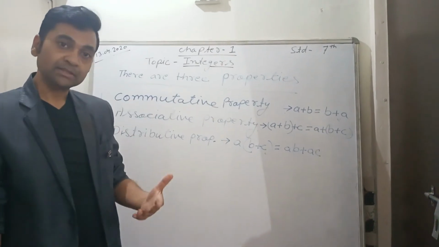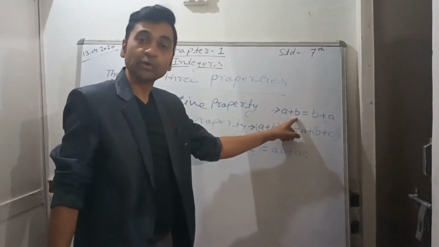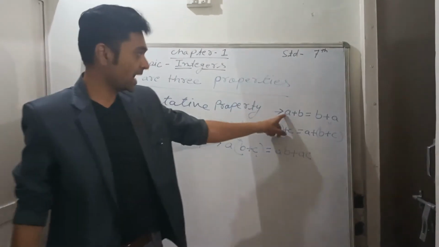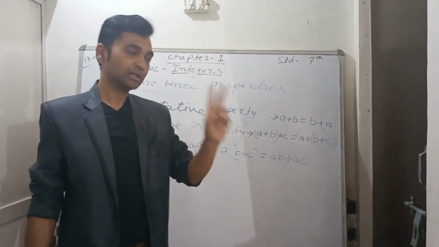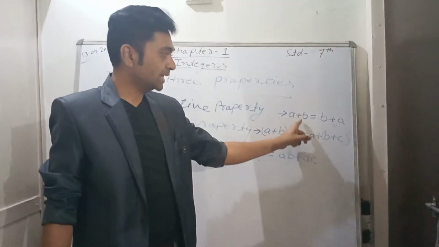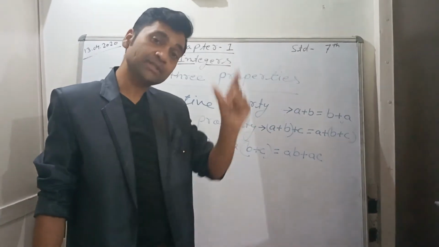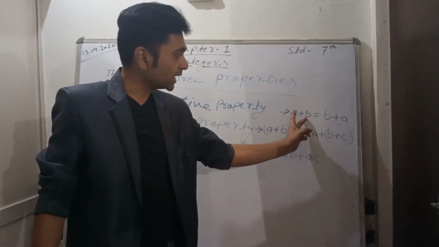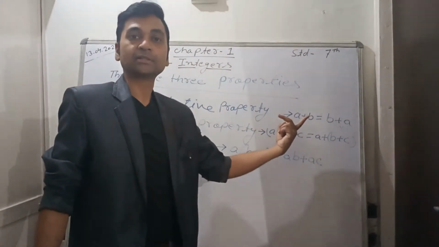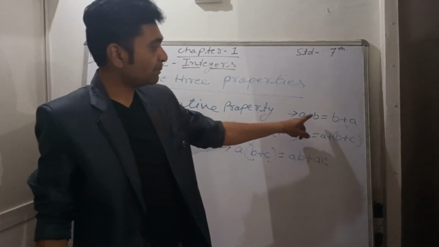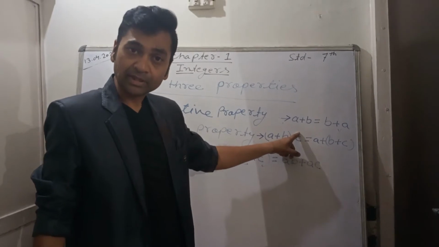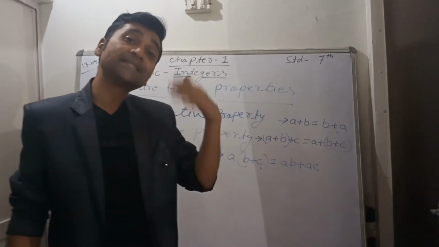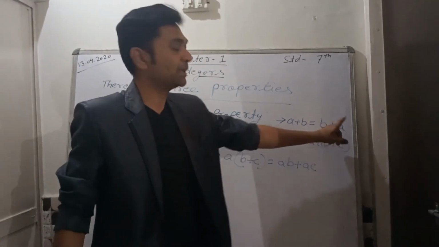Commutative property means if we add 2 integers, just like a and b, the same result we will get if we reverse the integers. I mean to say a plus b is equal to b plus a.